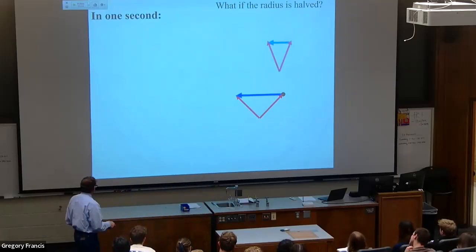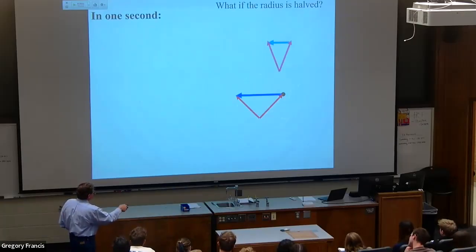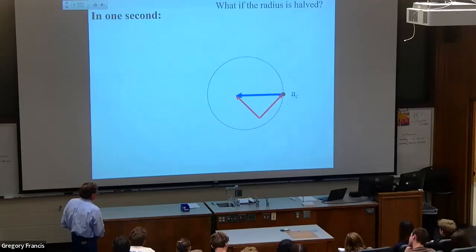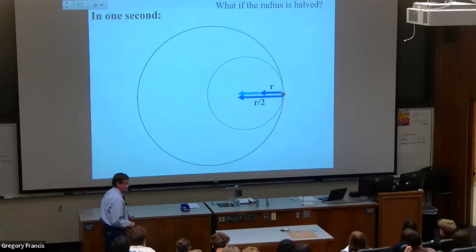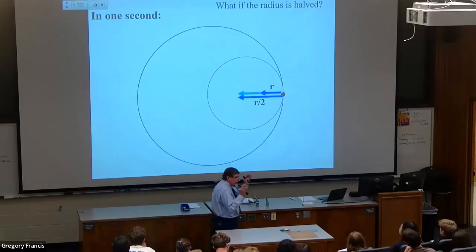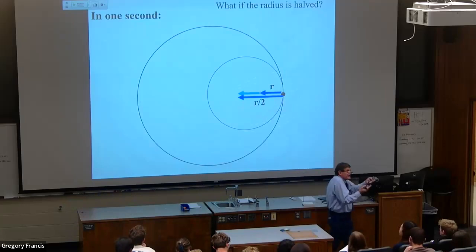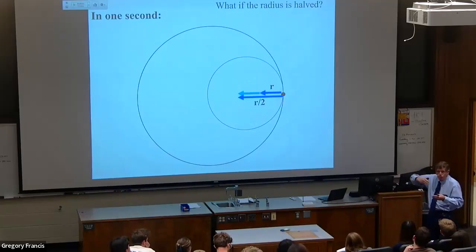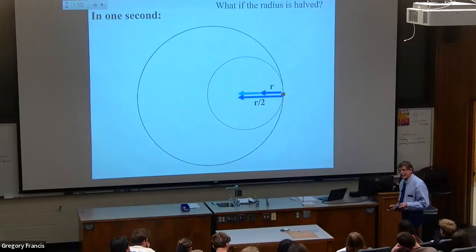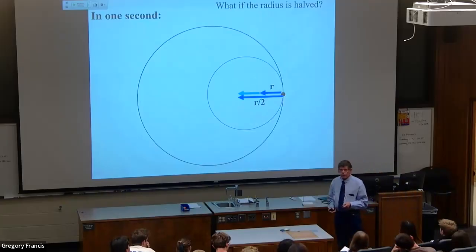And so if I look at how different they are, this is for the small radius, this is for the large radius, and if I compare them, I find that the small radius has twice as much acceleration. So if I cut the radius in half, I double my acceleration. That suggests that this acceleration depends not on radius, but 1 over radius. And so once again, I get the same answer that Galileo got without PowerPoint.